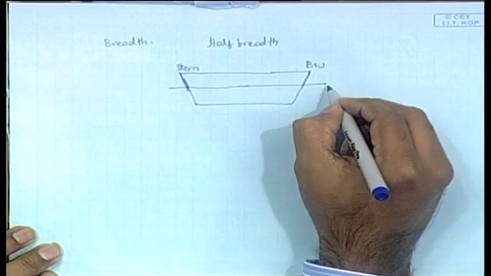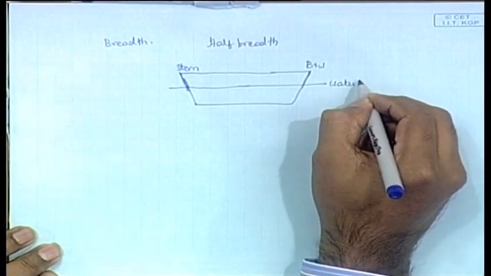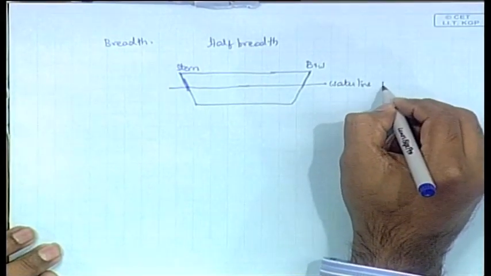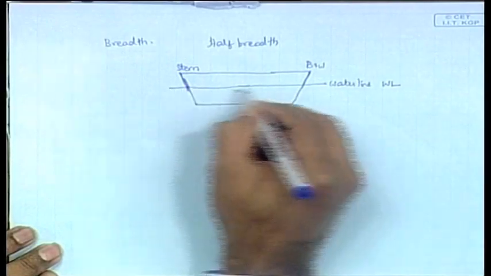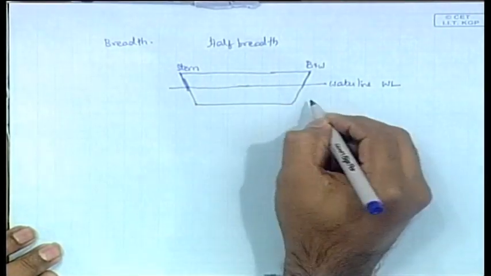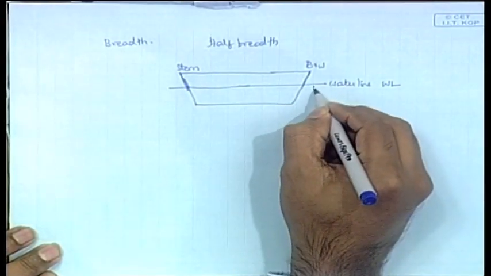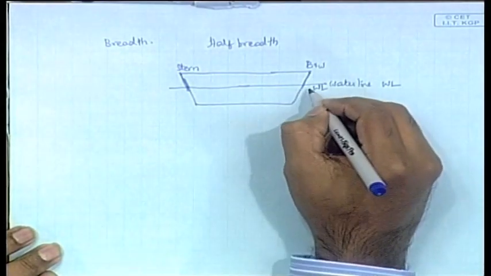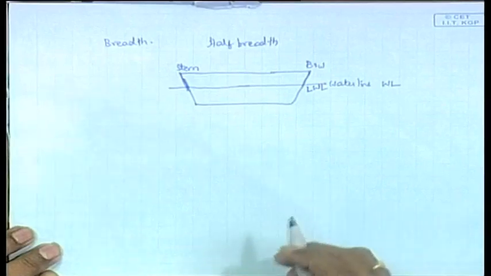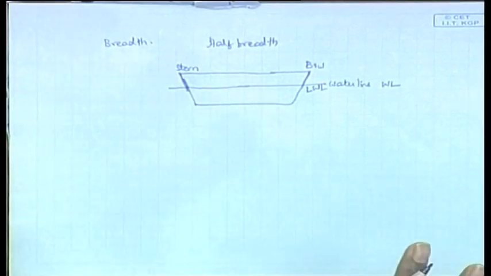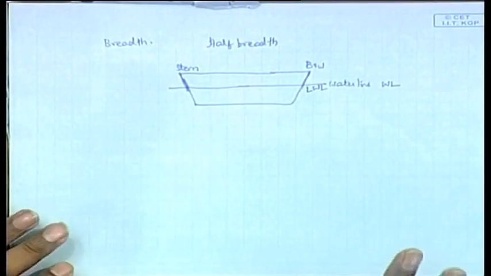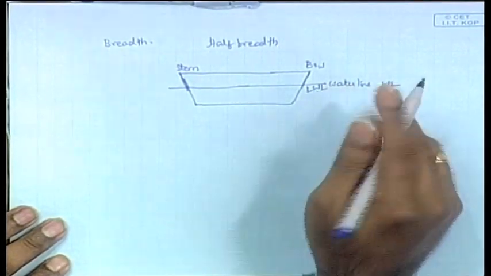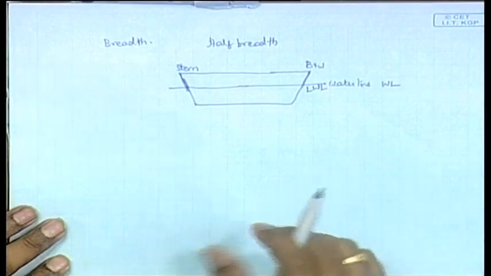This line is known as the water line, usually written as WL. When you see a drawing, you will see a line like this with WL written on the right side. It is either WL or LWL, load water line. It just means the loads have also been put on the ship and this is where the water is. Load water line or water line represents the same thing, the height of the water.